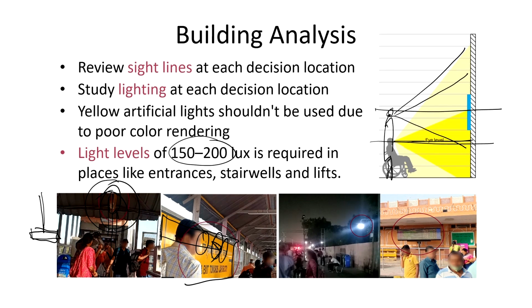Decorative lightings should be placed in such a way that they do not cast shadows on people's faces, which can even make it hard to read lip movement. This especially becomes difficult for people with hearing impairment, because sometimes they understand with lip movement only. So, for them this becomes very important.